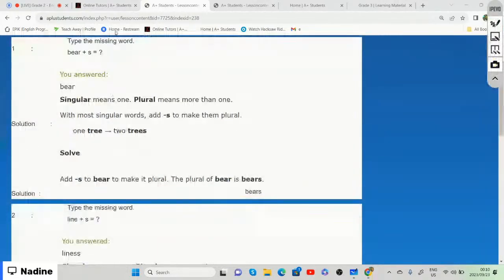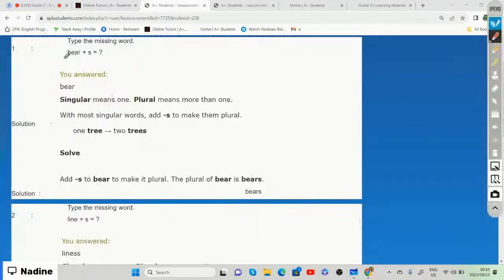All right, so now if we look at this word, this word is bear. They're saying it's bear plus s. So we need to change this singular word to a plural.